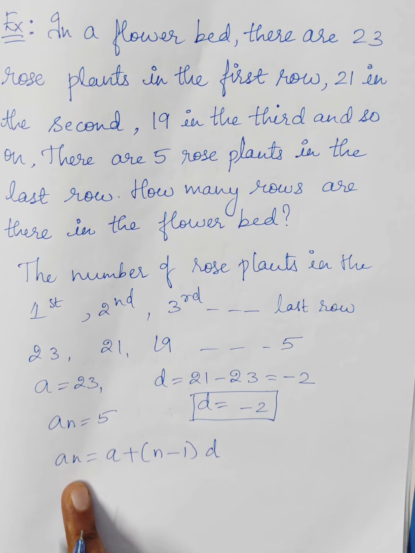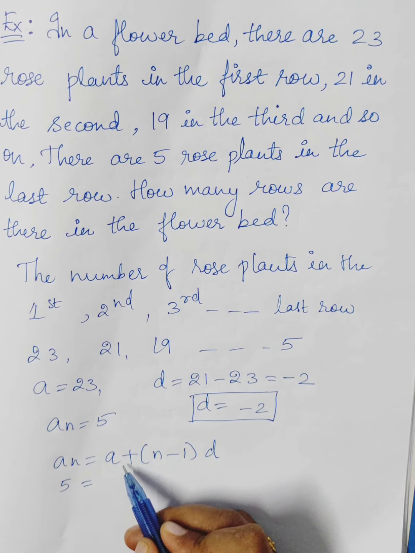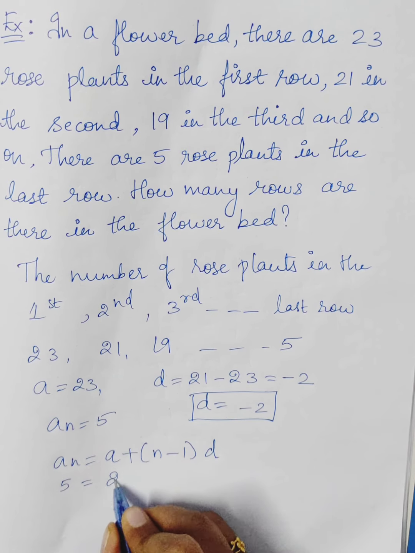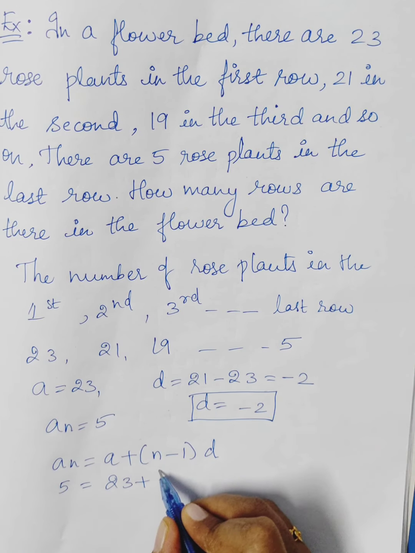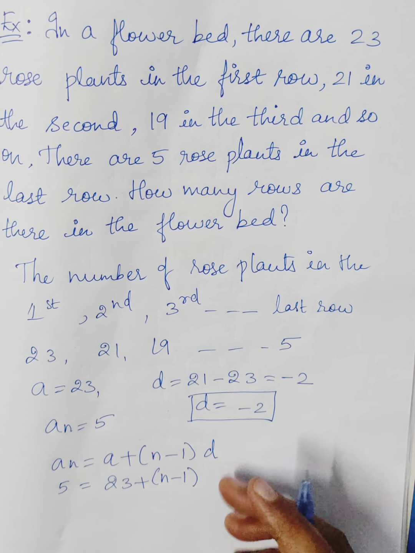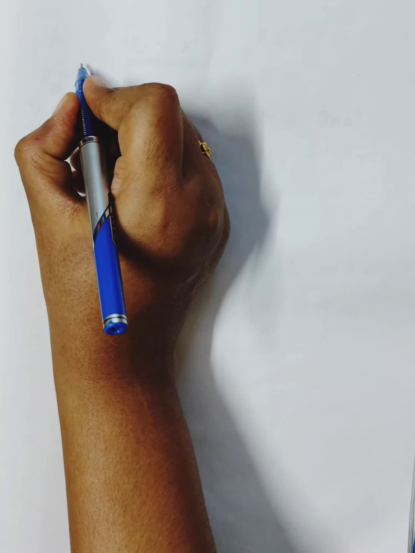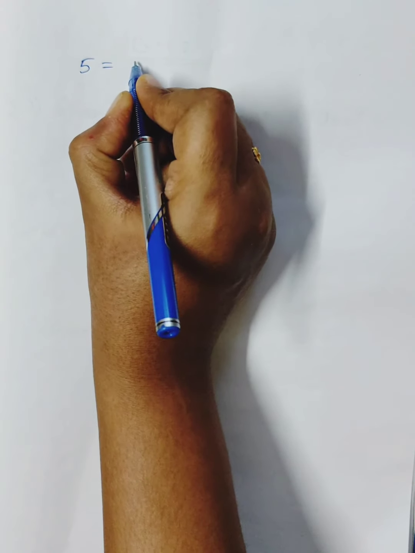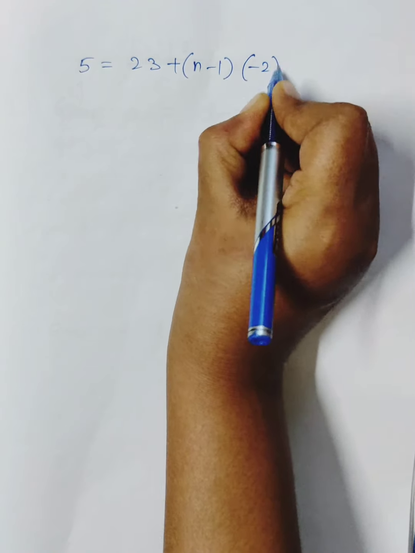Substitute the values now. An is 5. A is the first term, that is 23. N is not given, so we write it as it is. D is minus 2. So 5 is equal to 23 plus n minus 1 into minus 2.